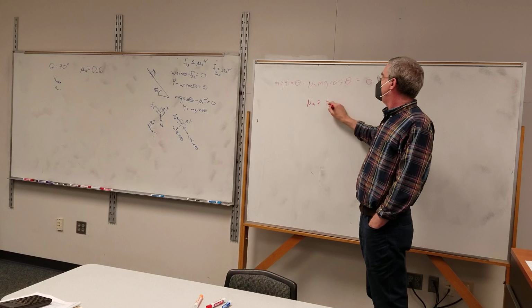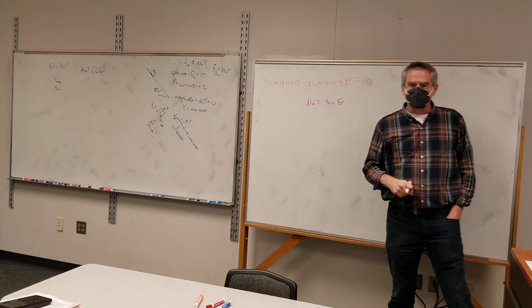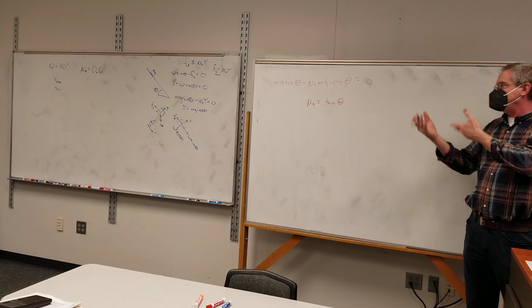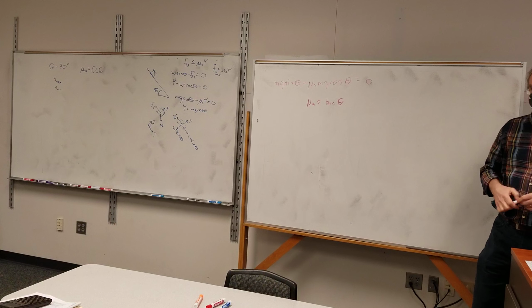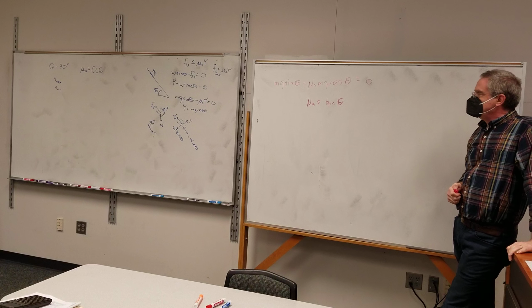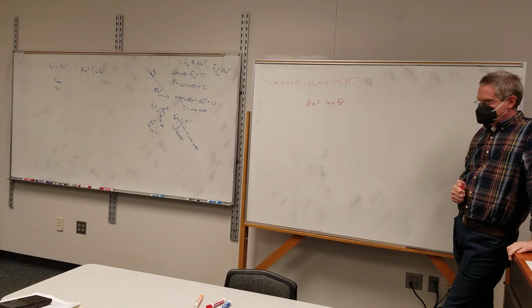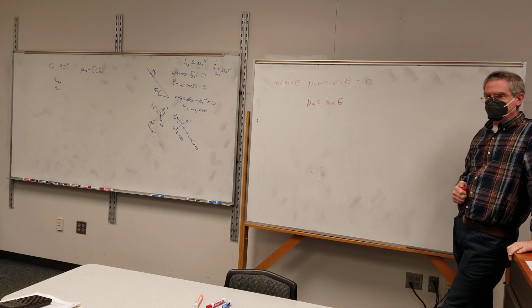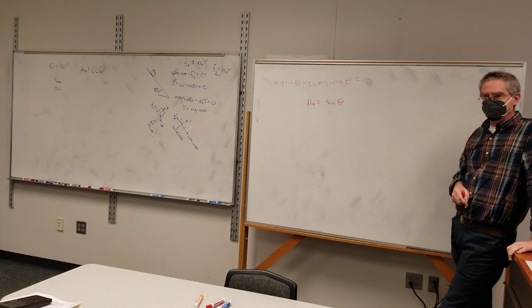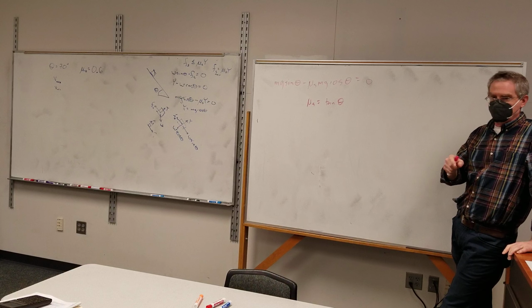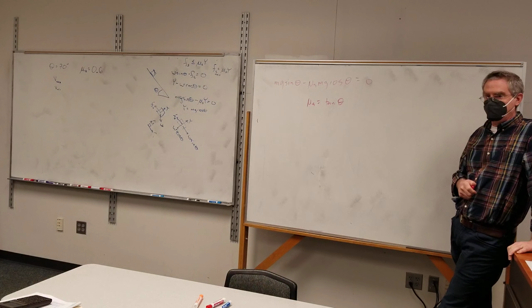And solve for mu sub s. Oh, we can do that. So in this simple experiment, that's how you find mu sub s. And then to find mu sub k, you get it to slide and you figure out how long it went, you find the acceleration, and sort of work backwards to figure out what the force applied was.